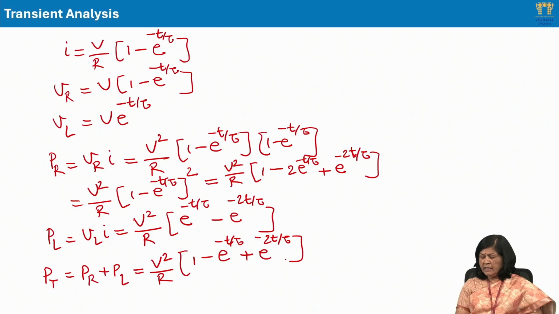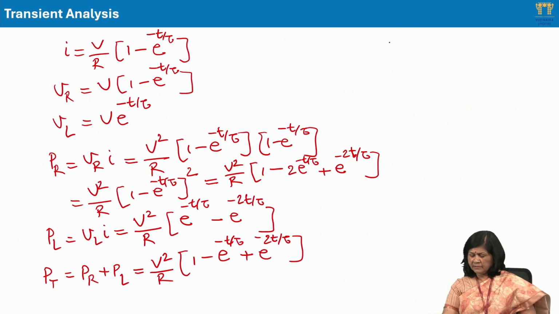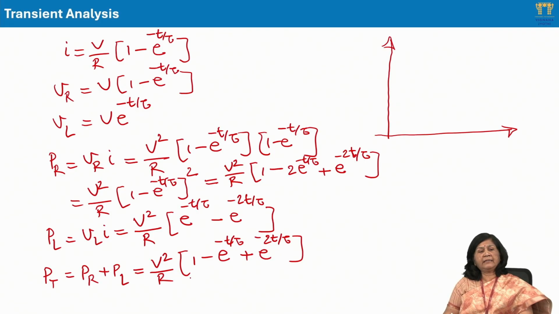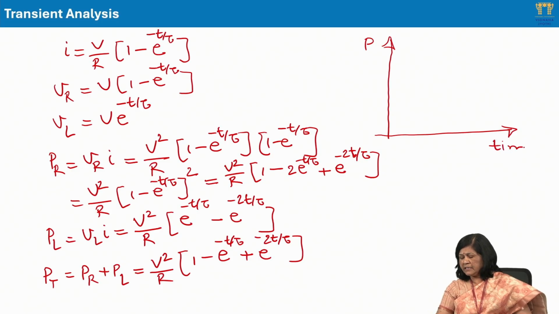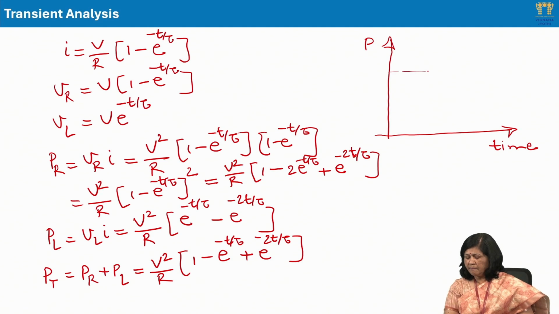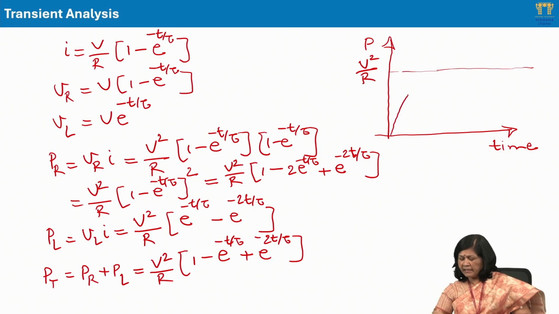Now if I plot resistance power, inductance power and total power with respect to time, this is the total power, PT, reaching V square by R, exponential in nature.